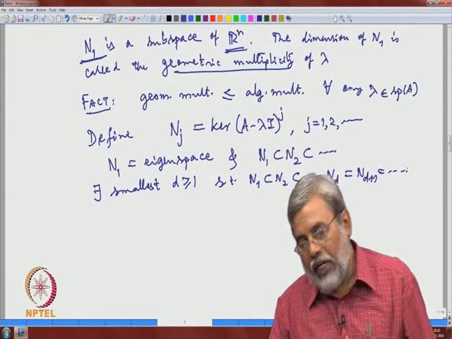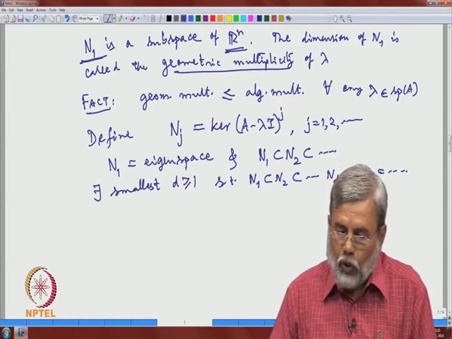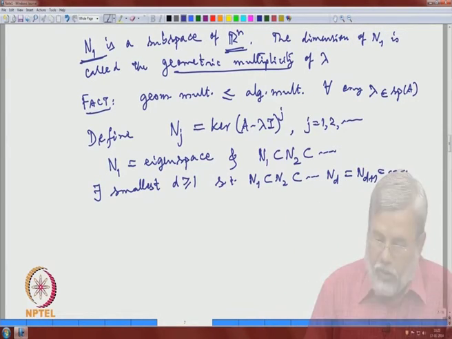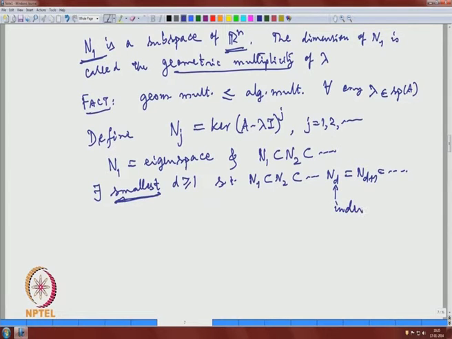So there are no more additions of new non-zero vectors. Okay, so this is the smallest. It has a name, and this is called the index of lambda. Everything here, we have fixed a real eigenvalue lambda, and we are just discussing that.